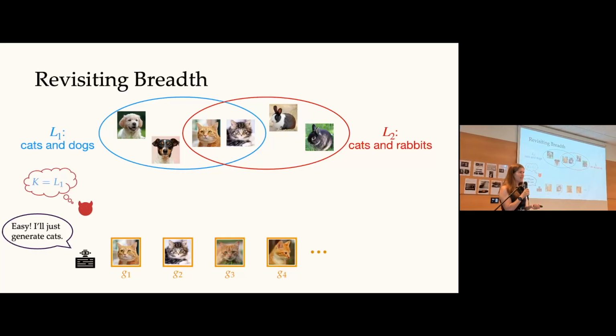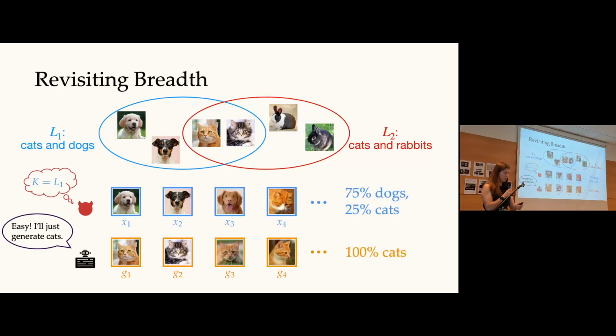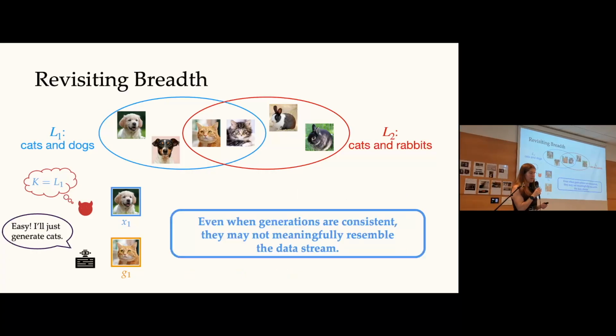But another problem that might arise is that the adversary's stream, let's say the adversary chooses language 1, could look qualitatively very different from the stream of images that the generator is generating. Here, the training data for this generator looks like 75% dogs, 25% cats, whereas the generator is only outputting cats.